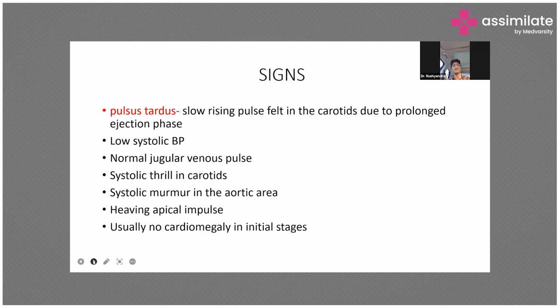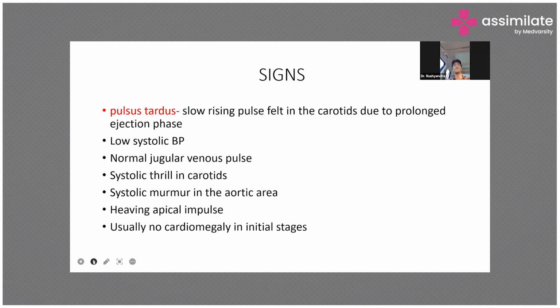And the signs, as you all know: pulsus tardus, that is a slow rising pulse felt in the carotids due to a prolonged ejection phase. Because of the back pressure in the LV, the ejection phase is prolonged because the LV is not able to pump the blood easily. This is called pulsus tardus.